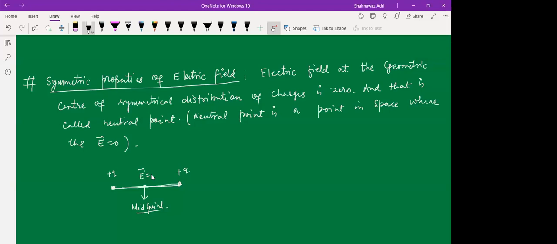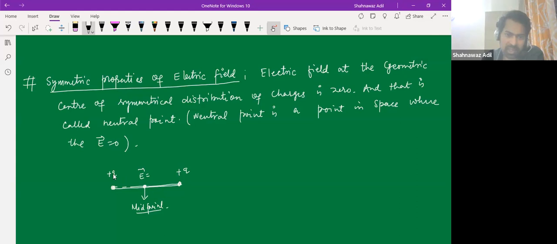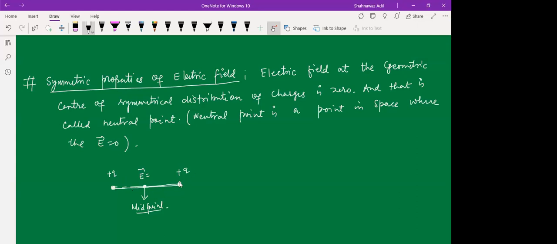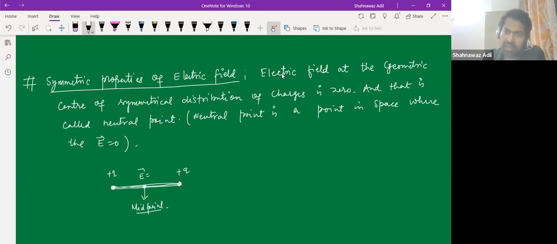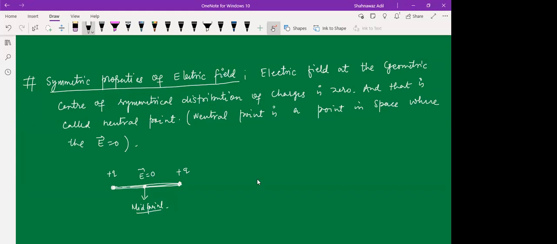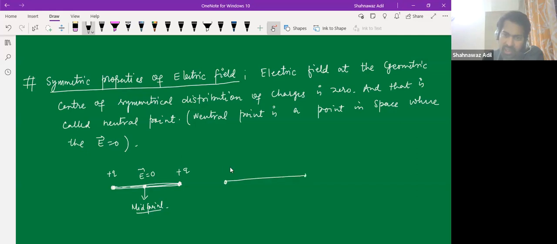This is a symmetrical distribution, right? So Q charge, Q charge, this is a line, so this is a geometrical center. And electric field at the geometrical center of a symmetrical distribution of charges is 0. So in here, electric field is 0. Clear? If it would have been, let's say, 3Q and Q, now this is not symmetrical, right?